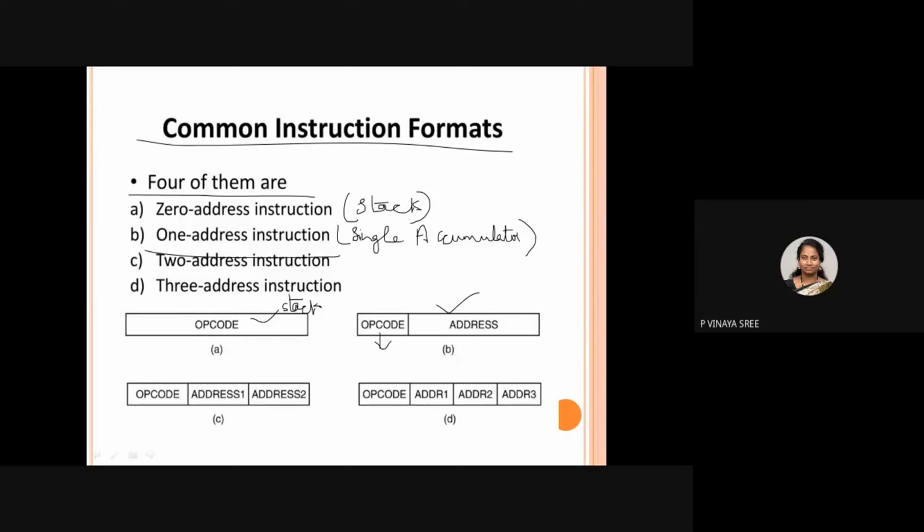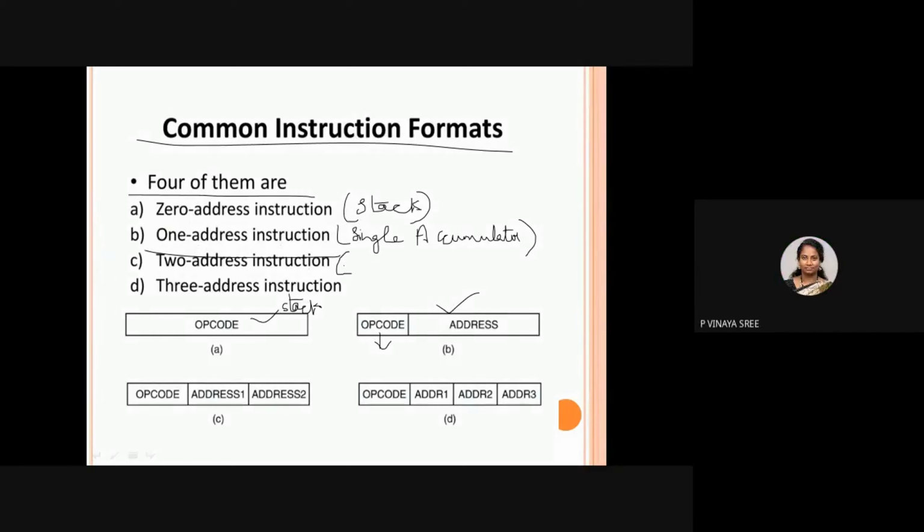Whatever we have in this address and the contents in the accumulator, both will be operated on based on what we mentioned in the opcode, and the result will be stored back in the accumulator. So this is your one address instruction format.